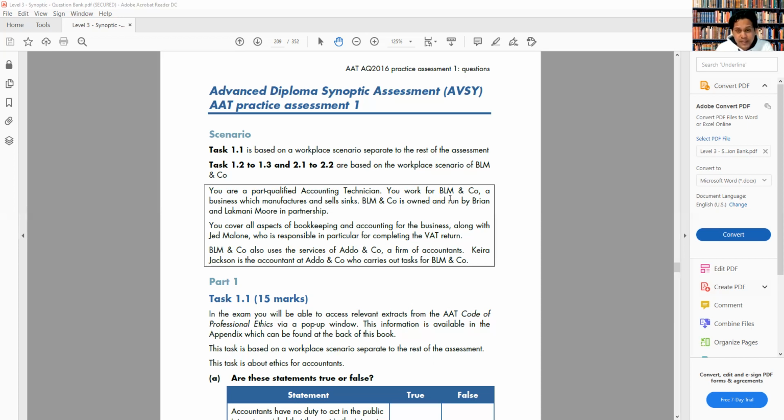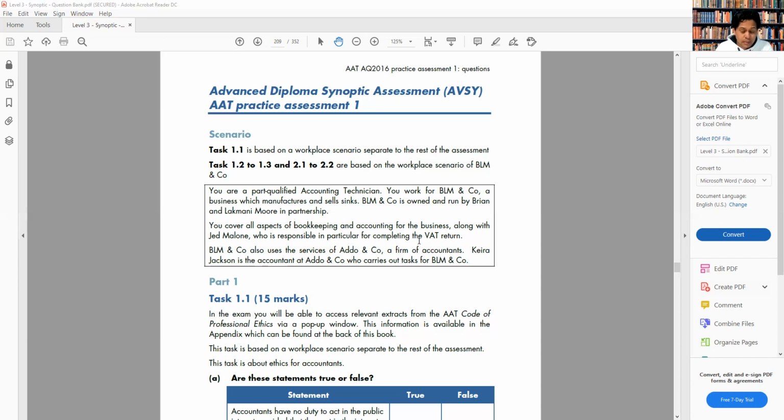You work for BLM and Co., a business which manufactures and sells zinc. BLM and Co. is owned and run by Brian and Lakmani Mori in partnership. So this is basically a partnership business. You cover all aspects of bookkeeping and accounting for the business, along with Joe Maloney, who is responsible in particular for completing the VAT return.